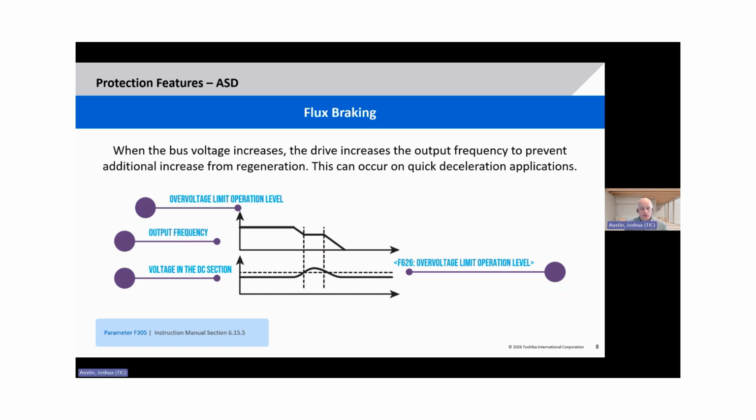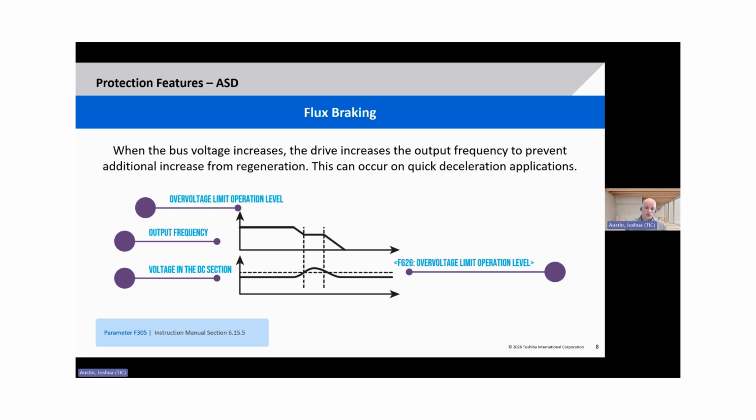One other means of protecting the drive from increased voltage on the capacitors is what we refer to as flex braking. So there may be applications, and we try to show an example here in the graph, where, as in this specific example, we are looking at a motor that is decelerating.